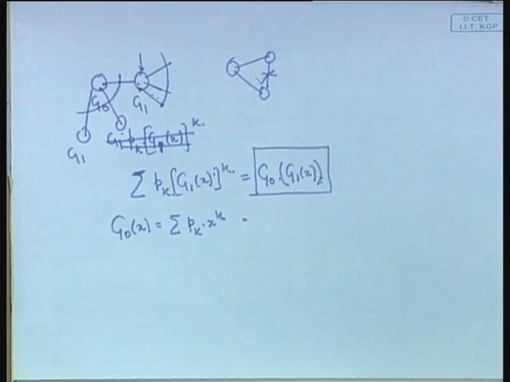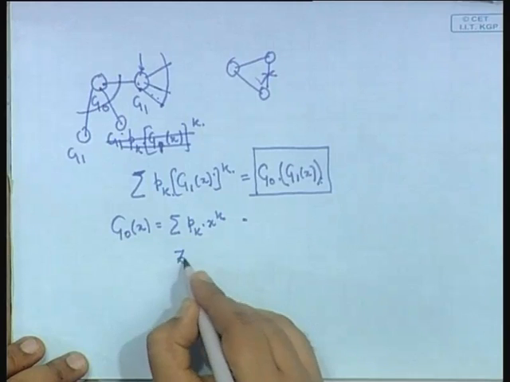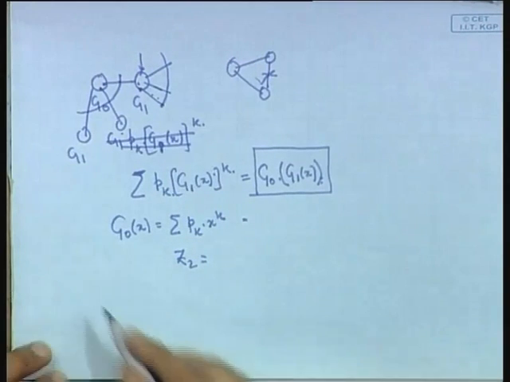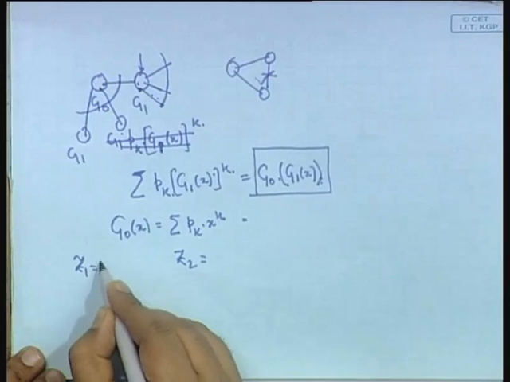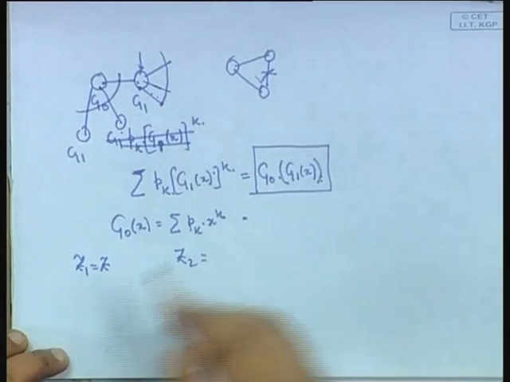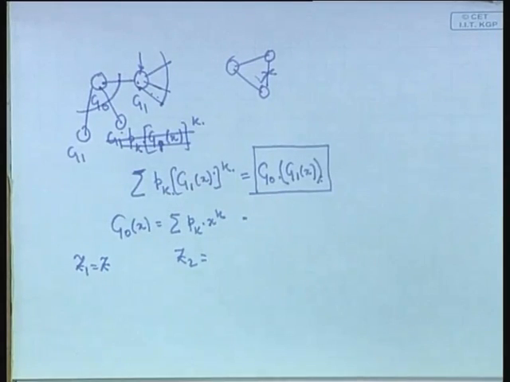Is this clear? Okay. So, now let us find z2. What will be z2? So, z1 is z, the first neighbor. Now, second neighbor z2. What will be z2? How did we find z1?